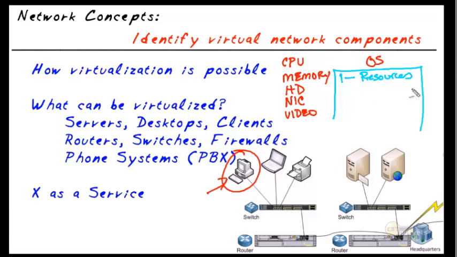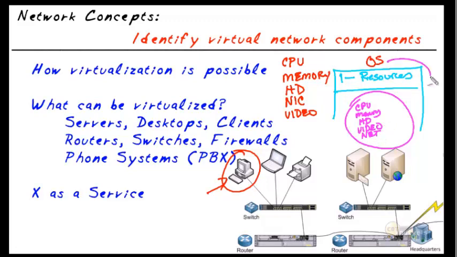Well, what if we did this? What if we made a pretend environment? And I'll do this in a different color. This is an environment that has a list of CPU, memory, hard drive, just identifiers, not really the real resources, but just a list of the elements, the video, the network interface card.